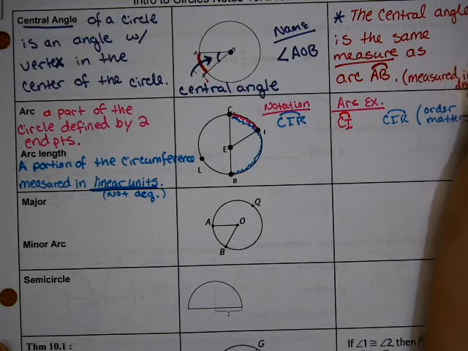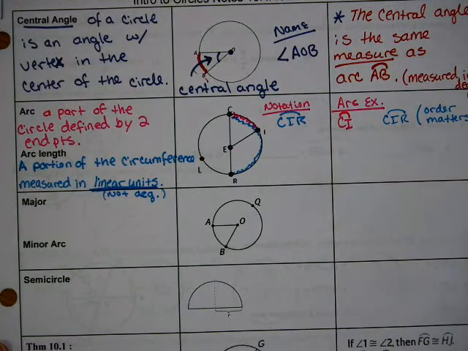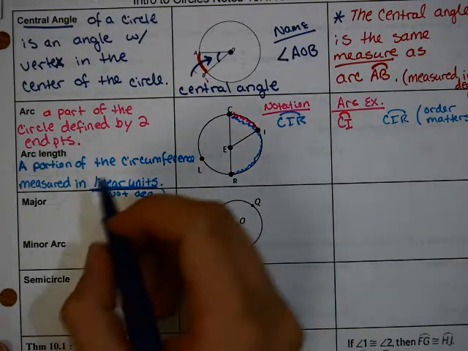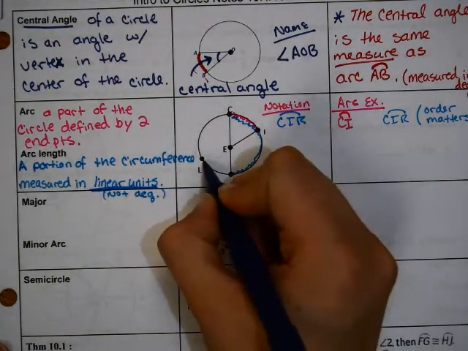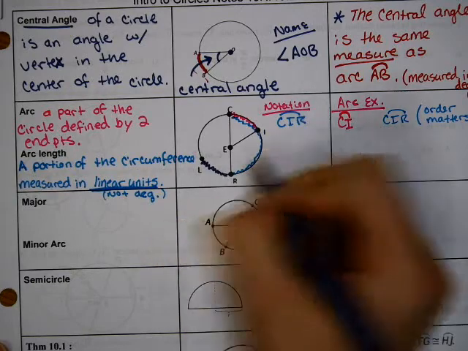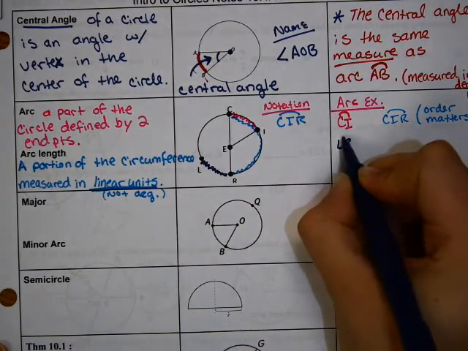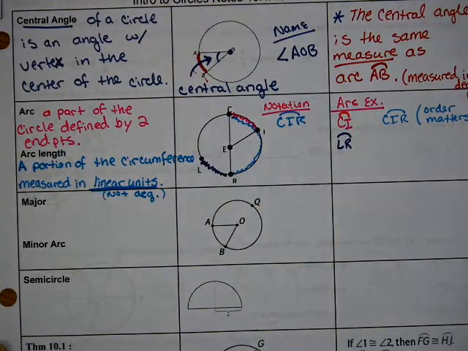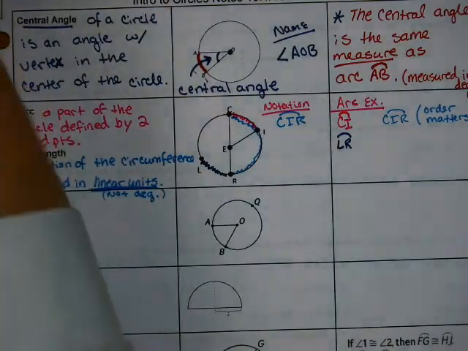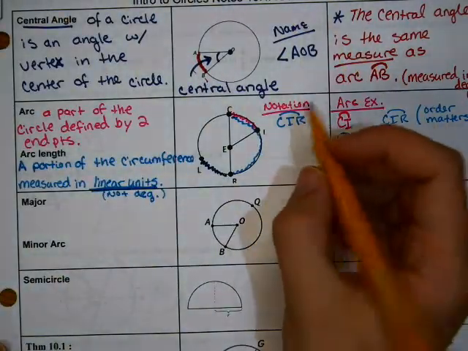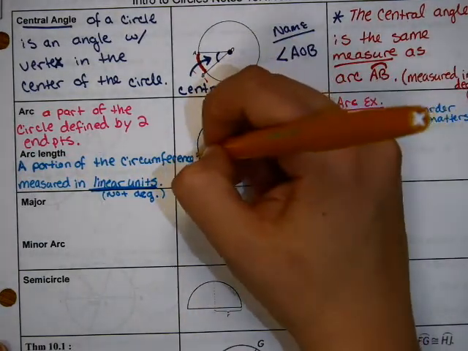All right, let's write a couple more examples. Let's look at LR. We have arc LR. We also have, let's see, we could look at LCR.